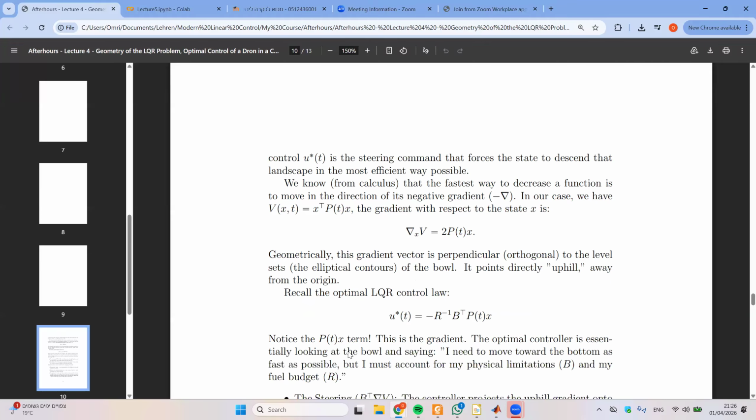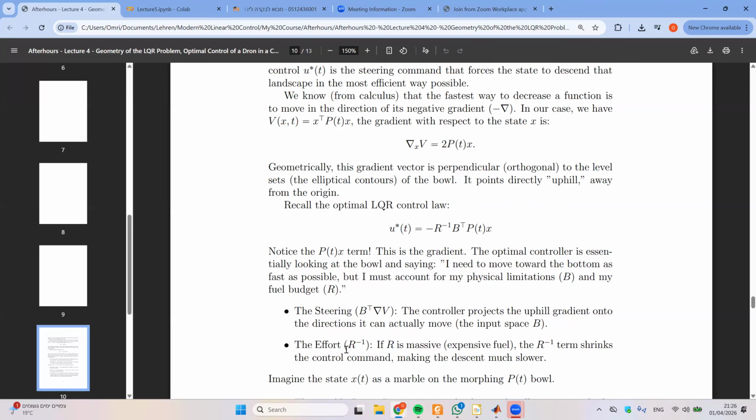So basically, this term, which is what we see here, is just projecting this optimal direction in the direction of B, because we can only use the controller as B dictates to us. And also we have the cost.